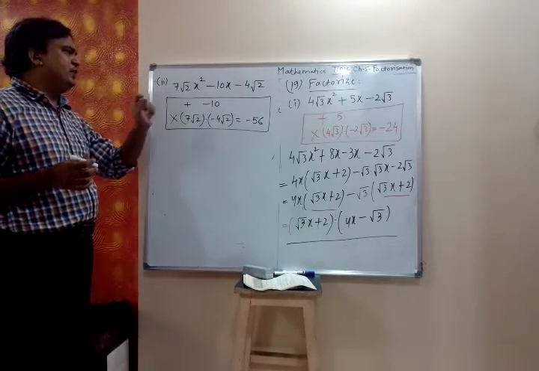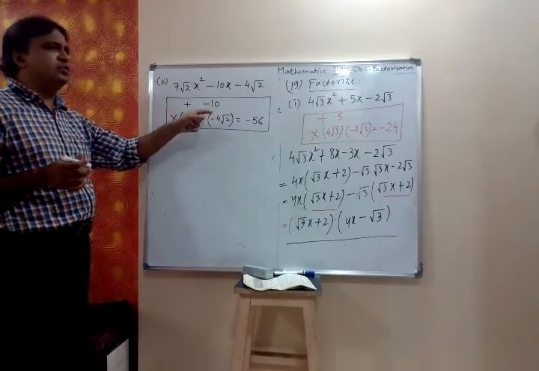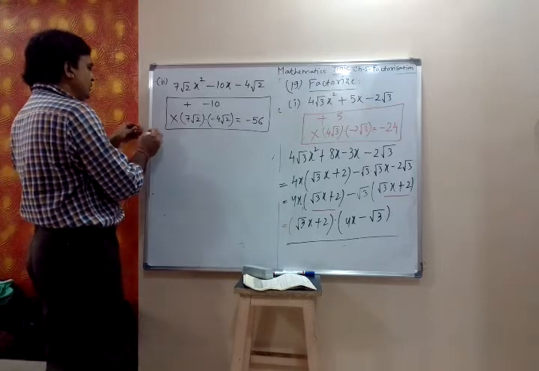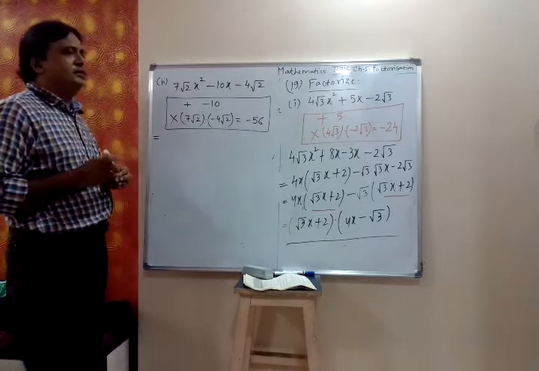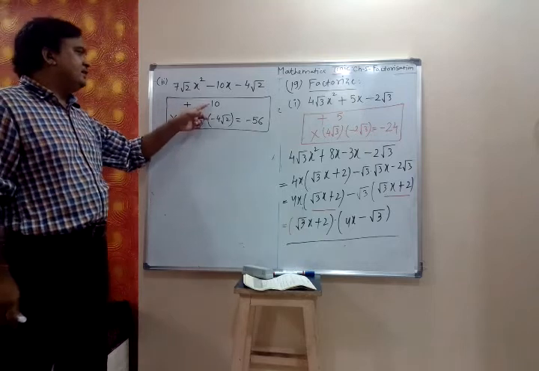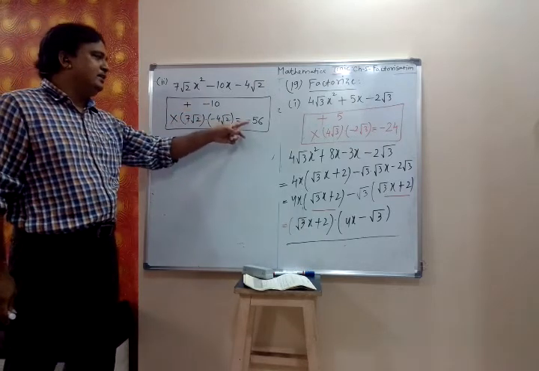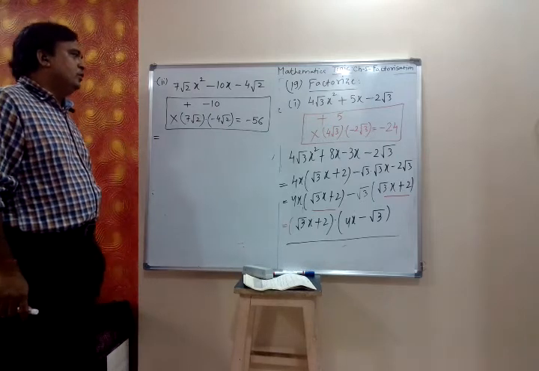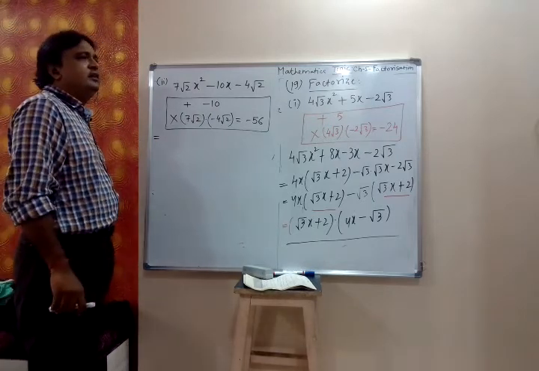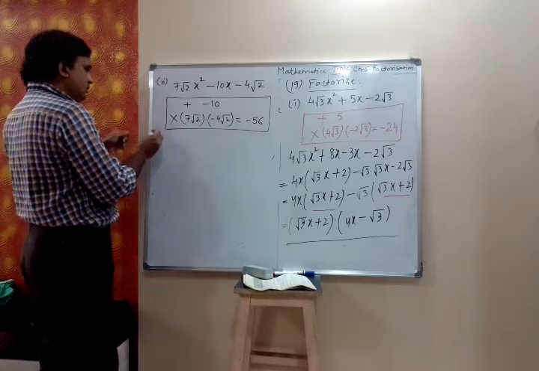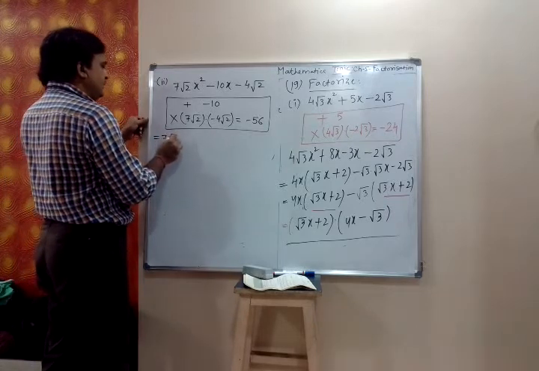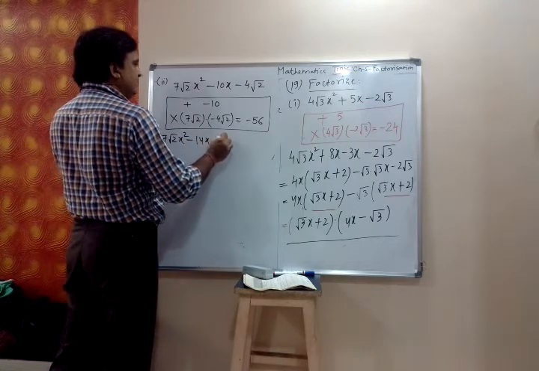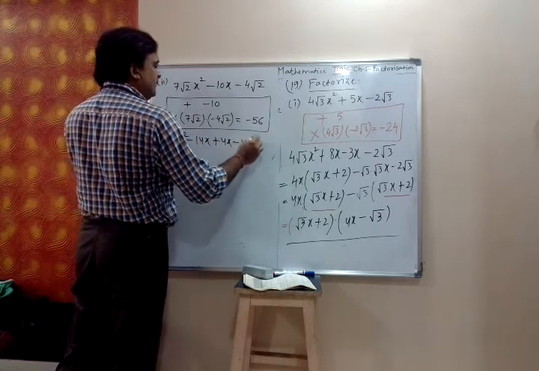Then root 2 into root 2 is 2. So find two numbers whose addition is minus 10, multiplication is minus 56. Minus 14 and plus 4. So 7 root 2 x square minus 14x plus 4x minus 4 root 2.